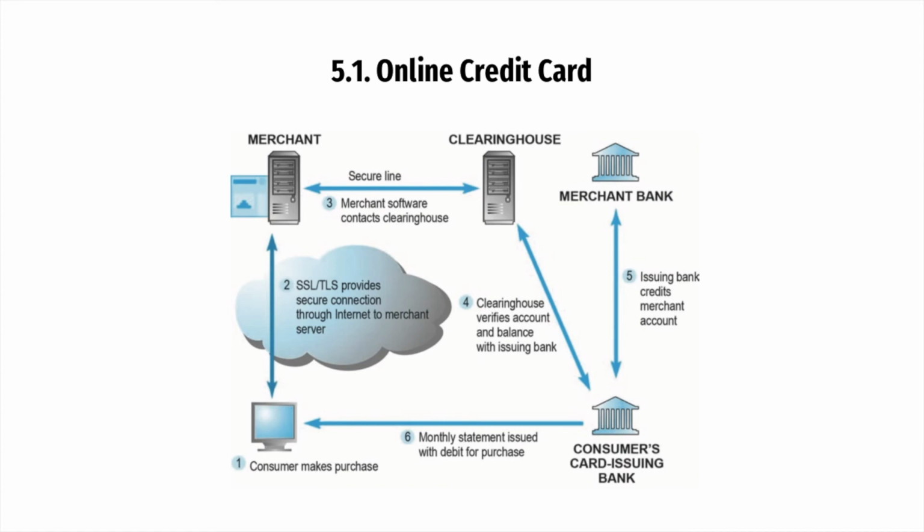At the third step, as previously noted, a clearinghouse is a financial intermediary that authenticates credit cards and verifies account balance. The clearinghouse contacts the issuing bank to verify the account information. At step 4, once verified, the issuing bank credits the account of the merchant at the merchant's bank. And at steps 5 and 6, the debit to the consumer's account is transmitted to the consumer in a monthly statement.